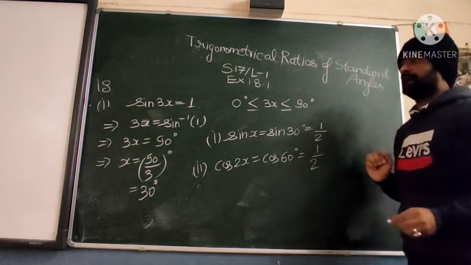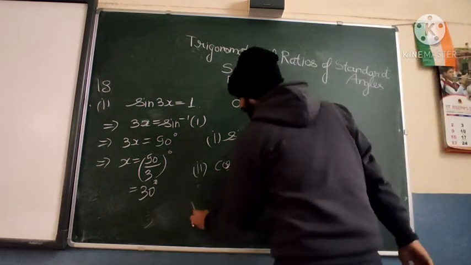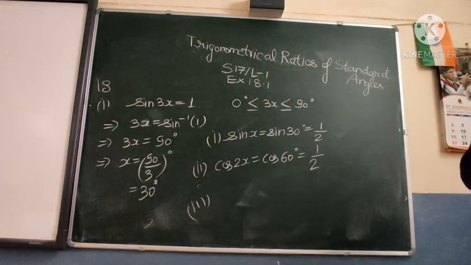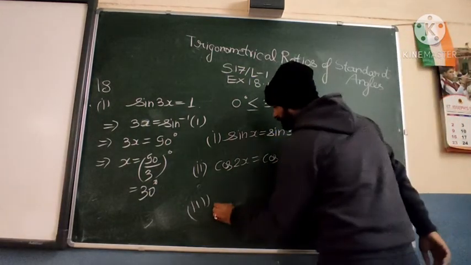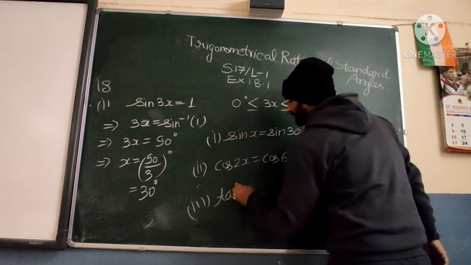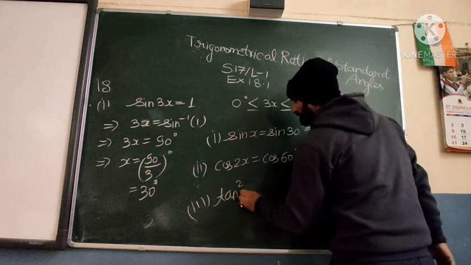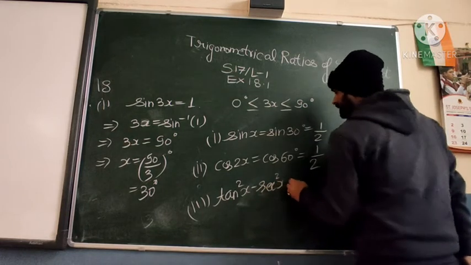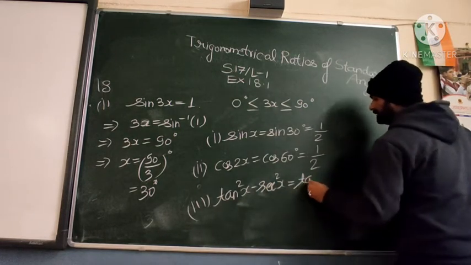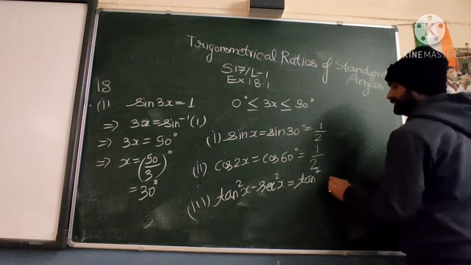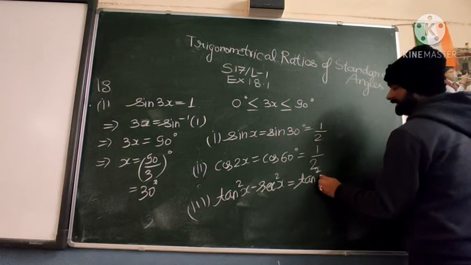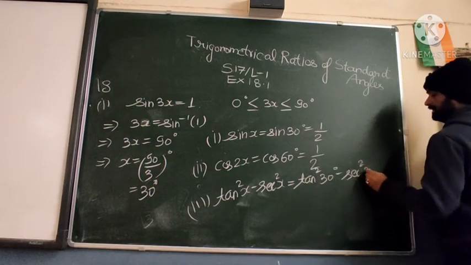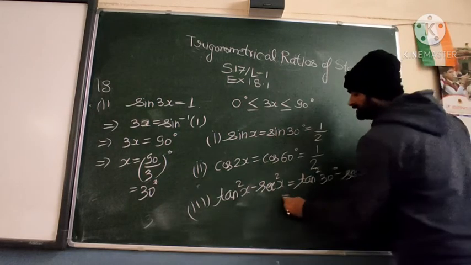So the answers of parts A and B are the same. Third part: tan square x minus sec square x. That is tan square 30 degree minus sec square 30 degree. Now what is tan 30?